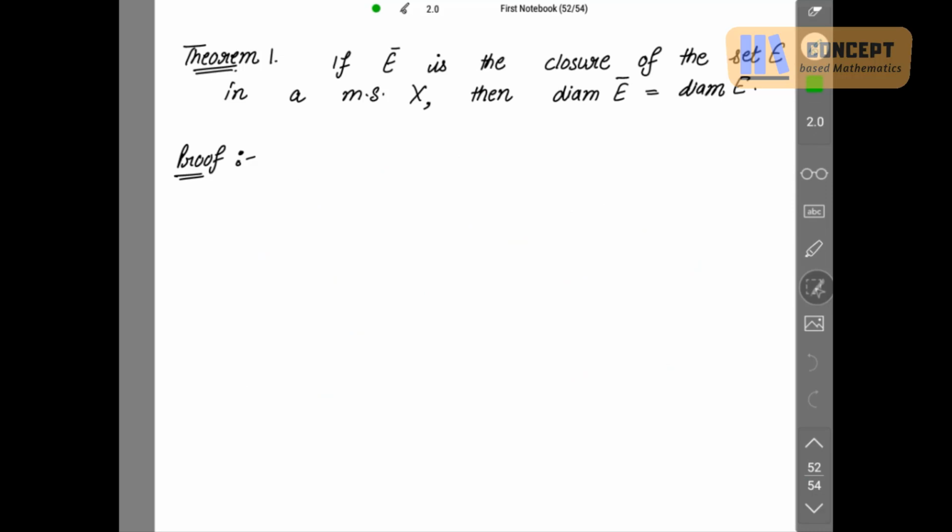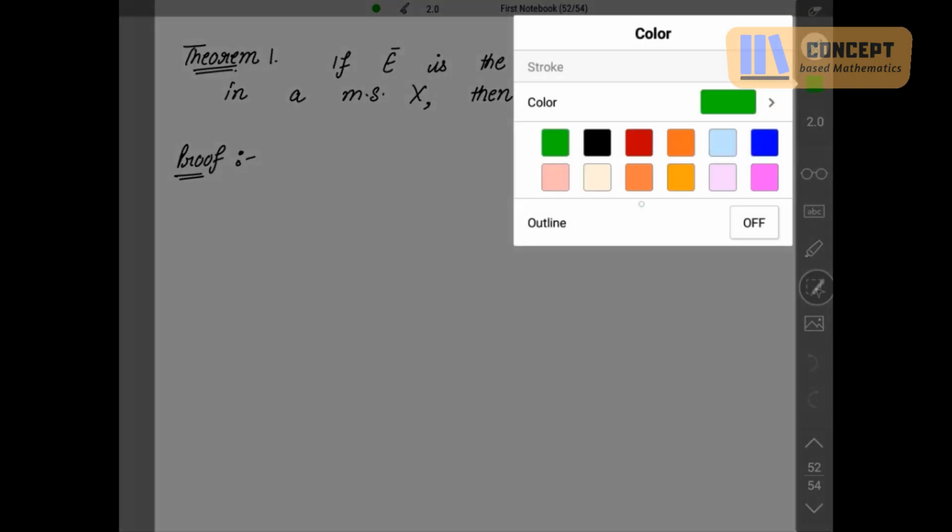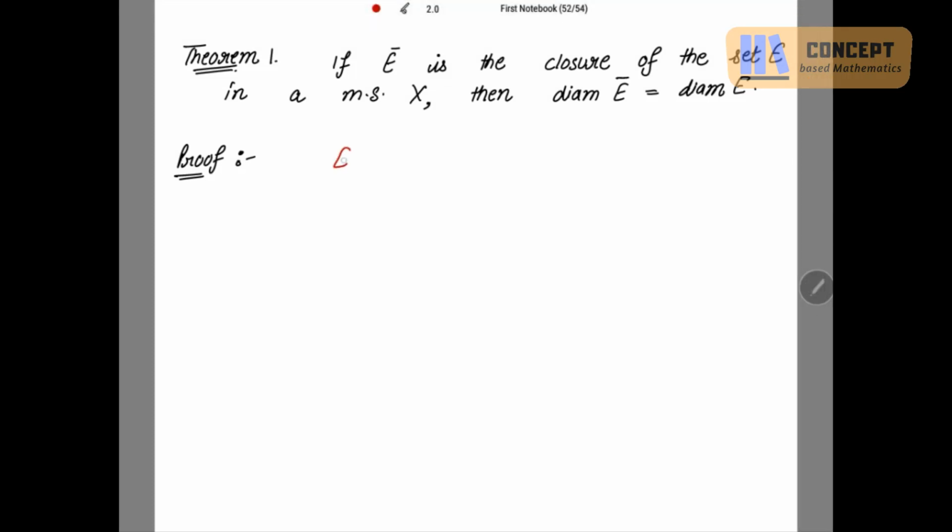If E bar is the closure of the set E in a metric space X, then the diameter of E bar is equal to the diameter of E. What is E bar? E bar is the closure of E. What is E bar actually equal to? The union of E and E dash, where E dash is the derived set.